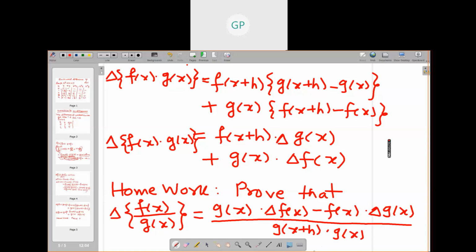So what is the quotient rule of derivatives? Anyone can tell me?